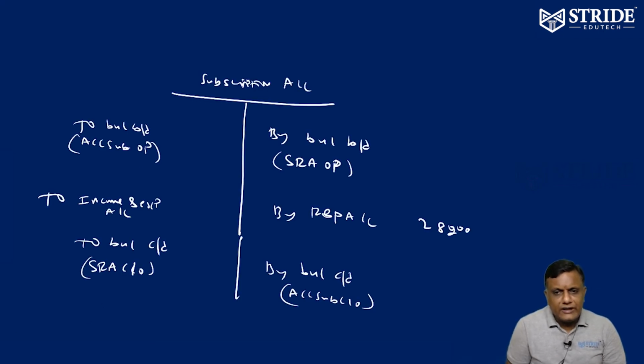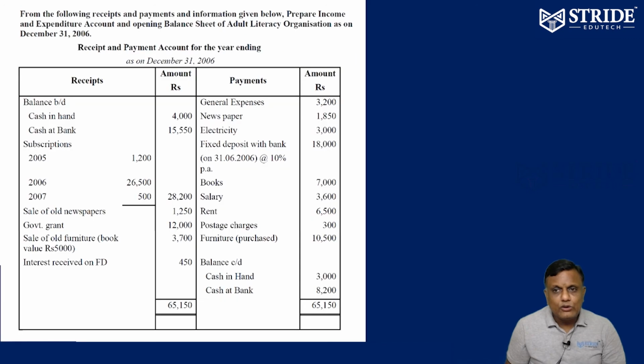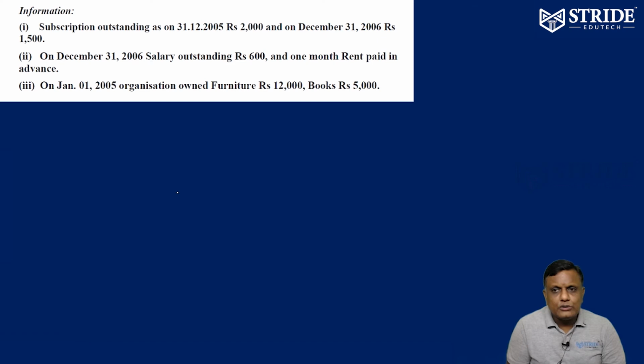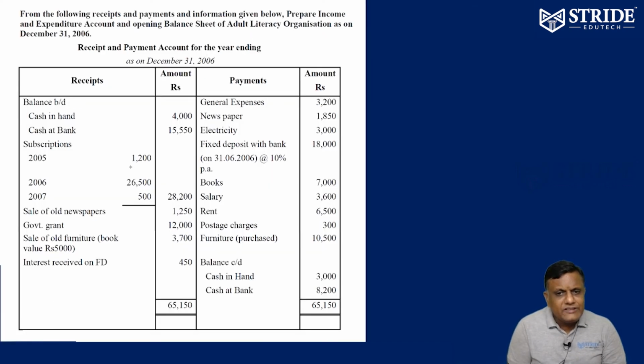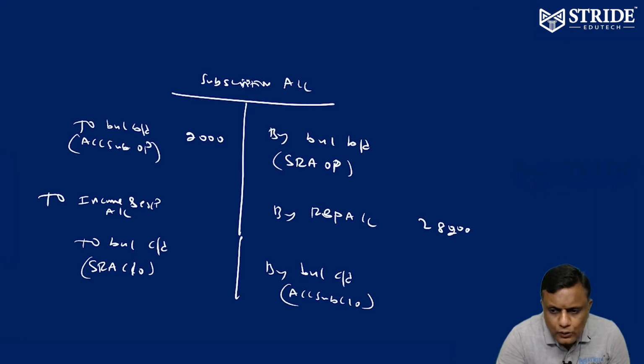So accrued subscription outstanding last year is 2,000, that is as of 31/12/2005. Out of 2,000, I have received how much? 1,200 I have received this year. Still how much pending? 800.